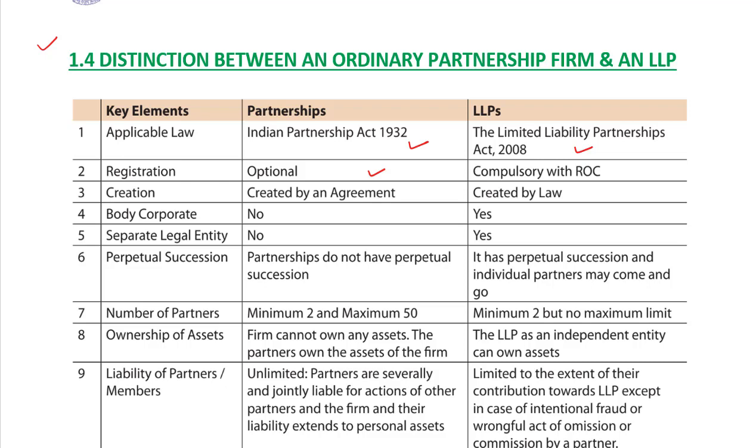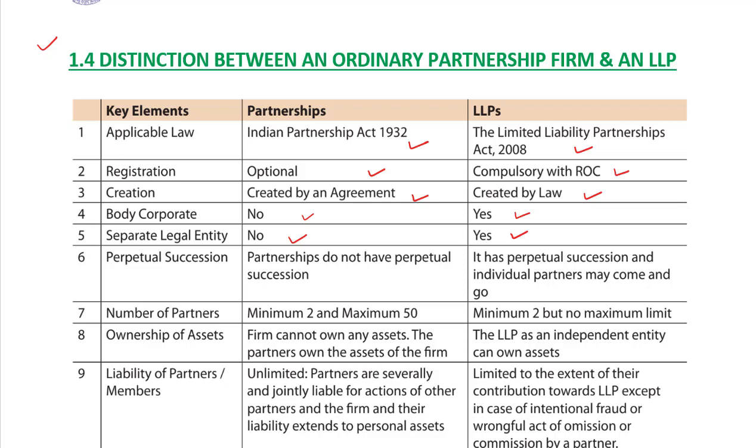For LLP, registration is compulsory with the registrar of companies. Creation. Normal partnership is created by an agreement between the partners. LLP is created by law. Normal partnership is not a body corporate. Limited liability partnership is a body corporate. Normal partnership does not have a separate legal entity from its members. LLP has a separate legal entity from its partners.